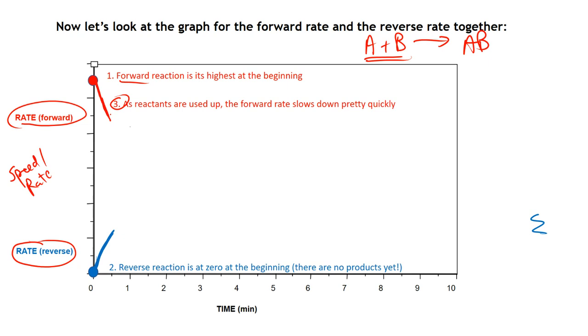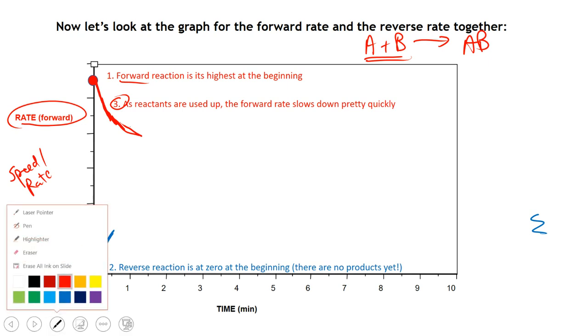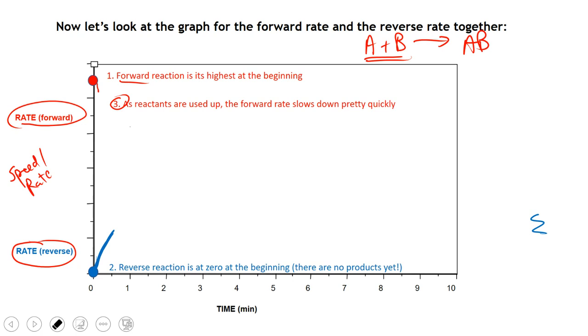So my rate starts to decrease, still decreases, but not as quickly. So it starts to slow down. Well, it's not a very good curve. Let's get rid of that. Try again. So it decreased quickly at the beginning, and then it decreased at a slower rate later on.